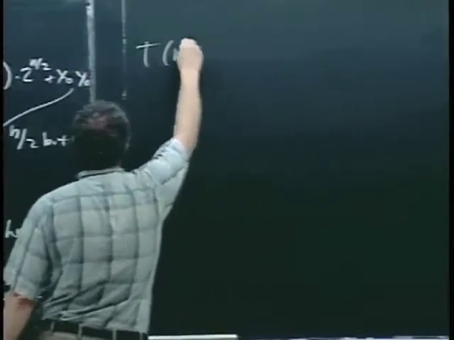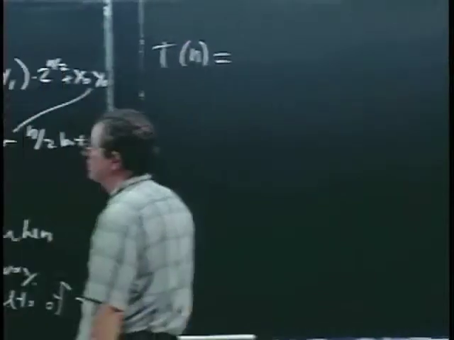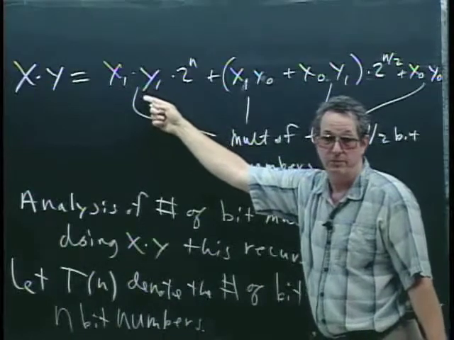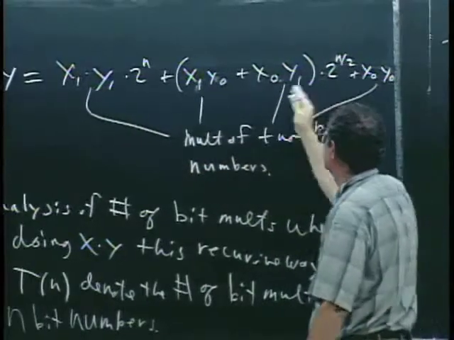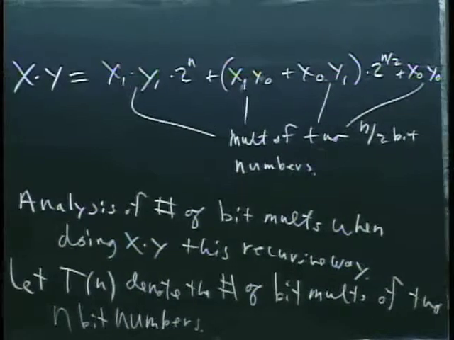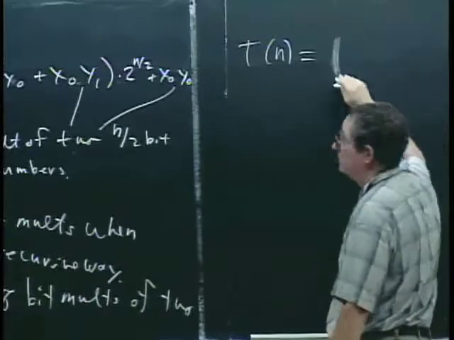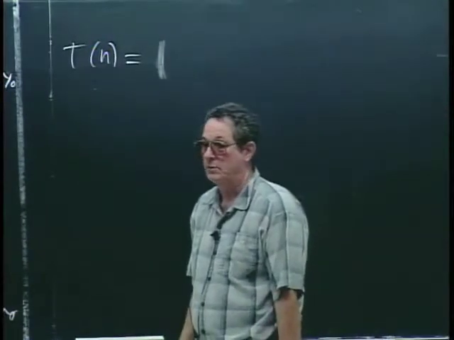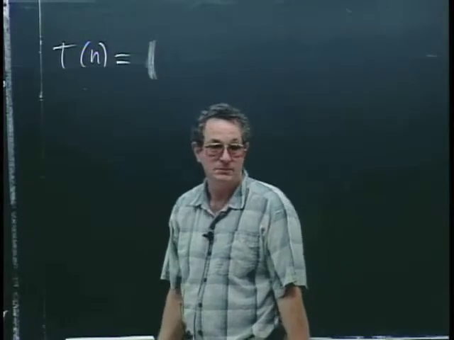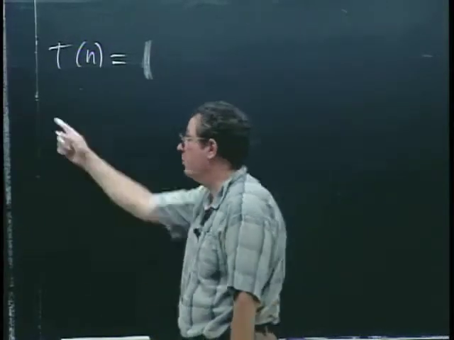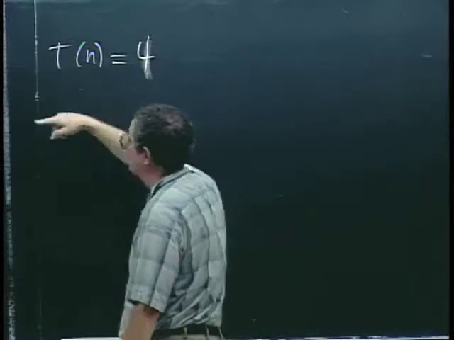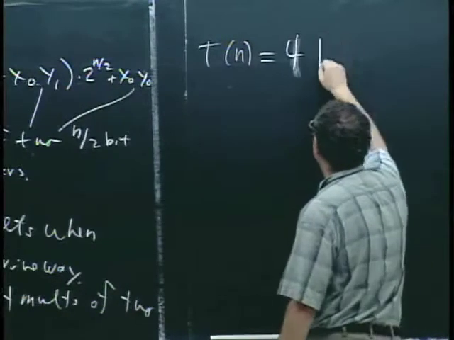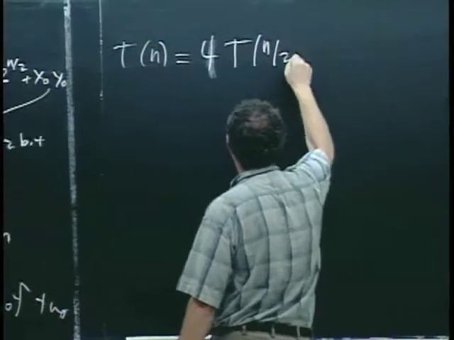T of n is equal to, well, here's a multiplication between two numbers that have n over 2 bits, and here's another one. So what's the first thing we'll want to put into this recurrence? Well, we've got 4 of those n over 2 bit multiplications. So 4 times T of n over 2.